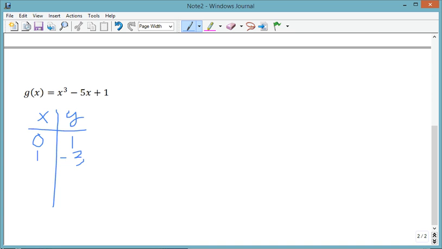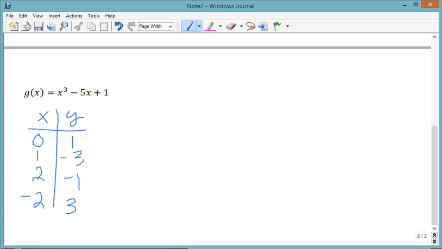And when x is 2, I'd have 8 minus 10, so it's negative 2, plus 1, so that's negative 1. And let's do another one, say at negative 2, that'd be negative 8 plus 10, that'd be 2, plus 1 is 3.